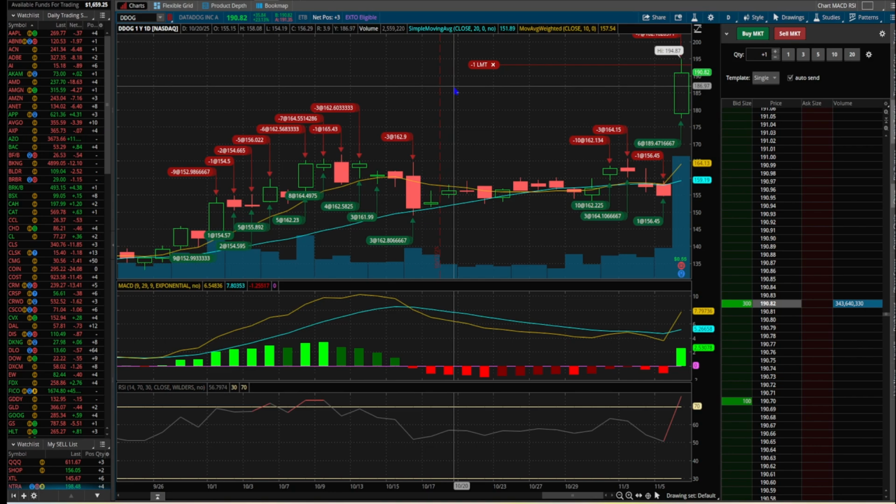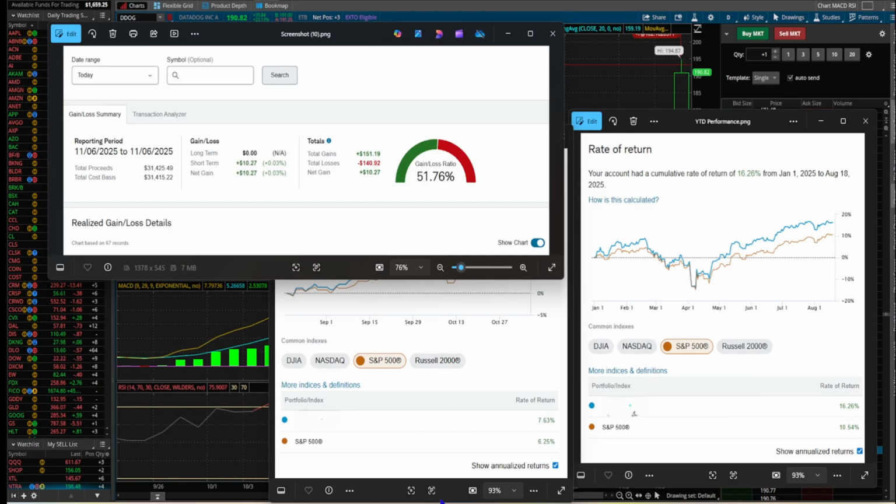All right, it's now time to take a look at my realized gains for the day and my portfolio performance since yesterday afternoon. Today I have in realized gains $151.19, and that is not truly accurate because of an accounting difference between how Charles Schwab accounts it, which is last in, first out, and how I account for it.